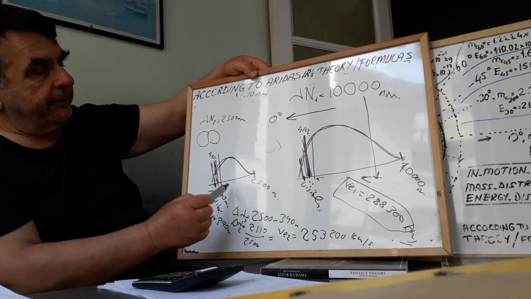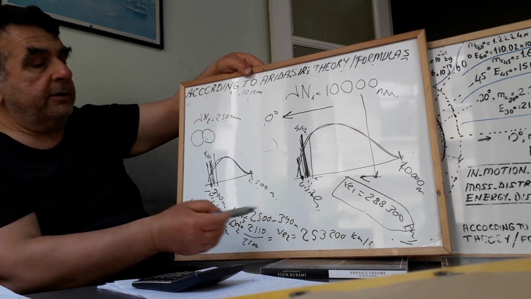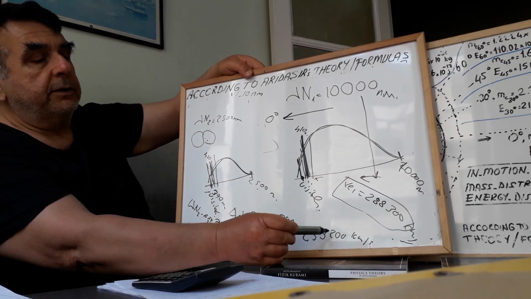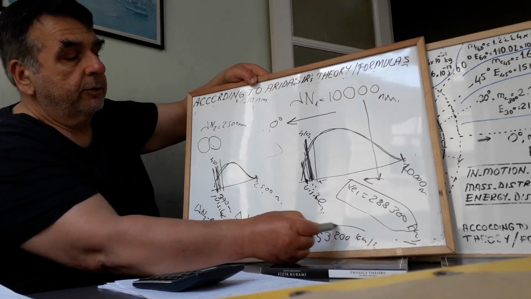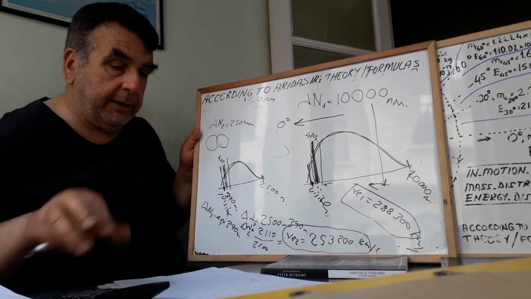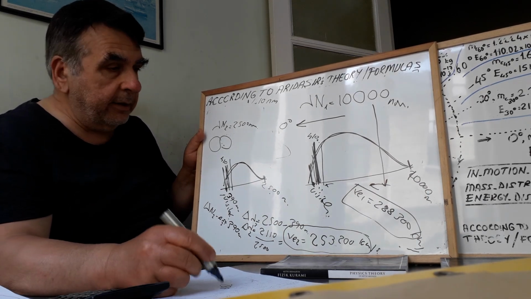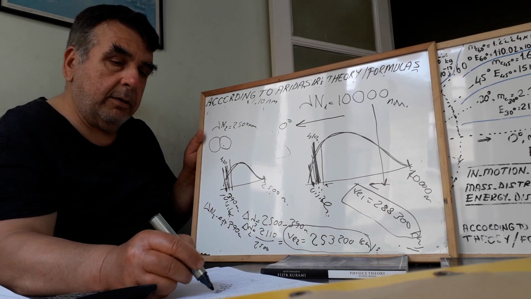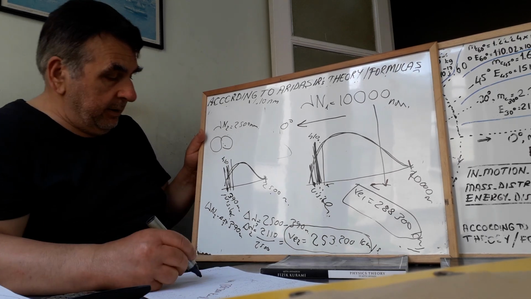For this graph, this electron motion form must gain 253,200 kilometer per second velocity. Don't forget this. Okay, I will write this. 288,300 kilometer per second, and another one.